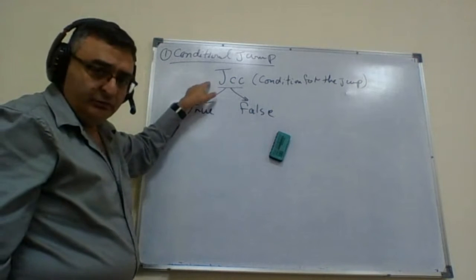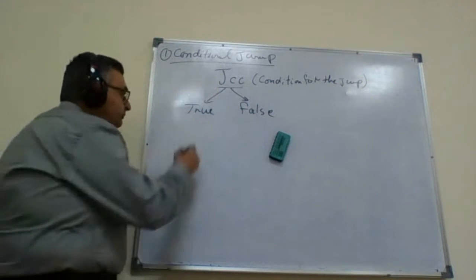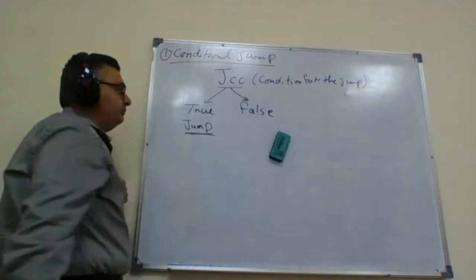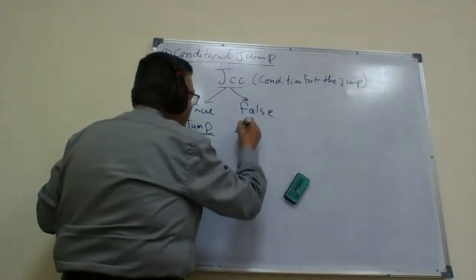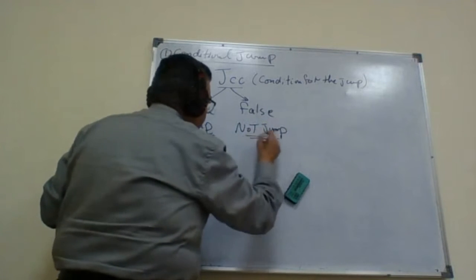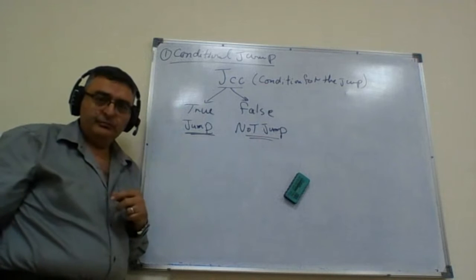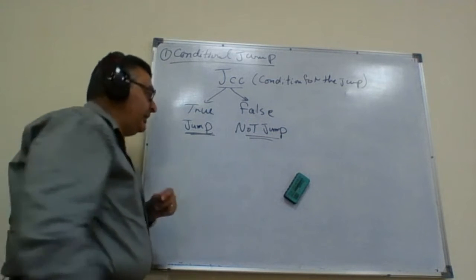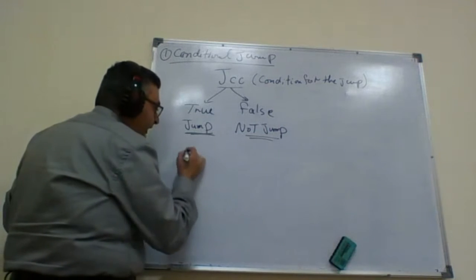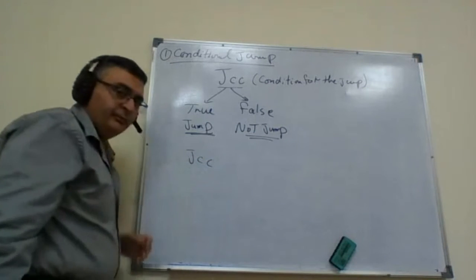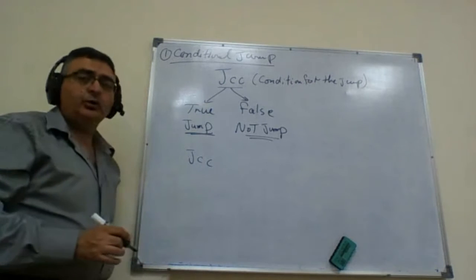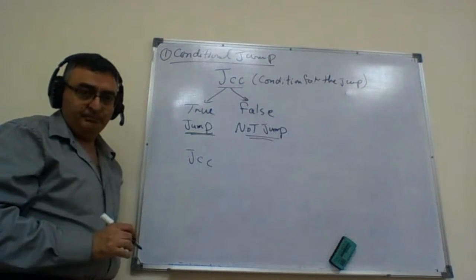The conditional jump instruction will jump if the condition is true and will not jump if the condition is false. So that means in the code I will have two directions and I will go into one of them.